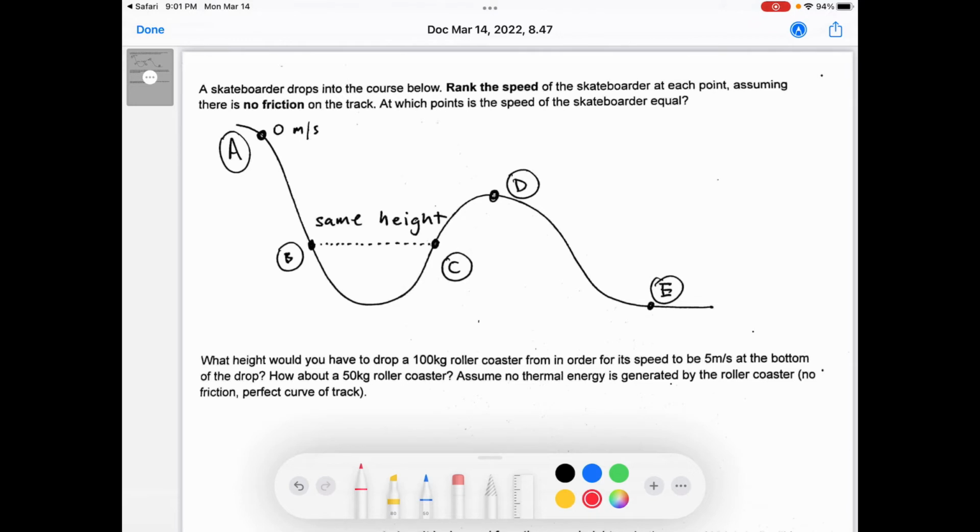So a skateboarder is dropping into this course, and the question is asking us to rank the speed of the skateboarder at each point along the course. So when is the skateboarder going the fastest? And when is the skateboarder going the slowest? And when is the speed of the skateboarder equal?